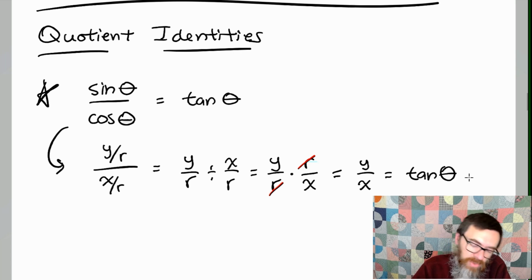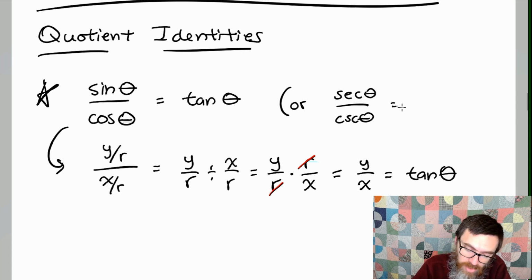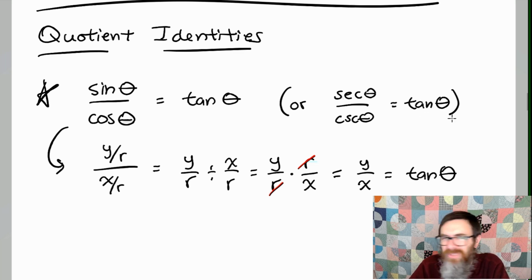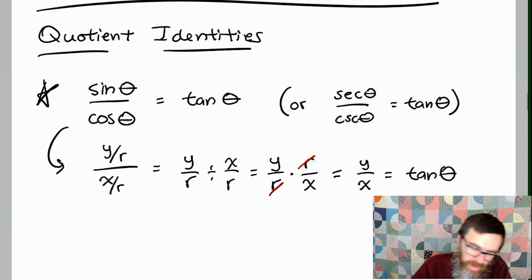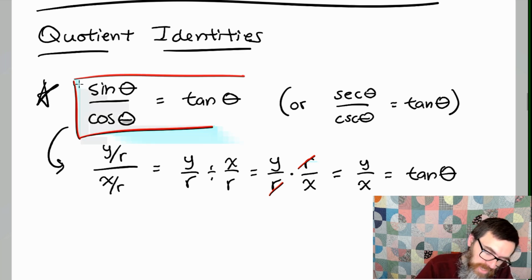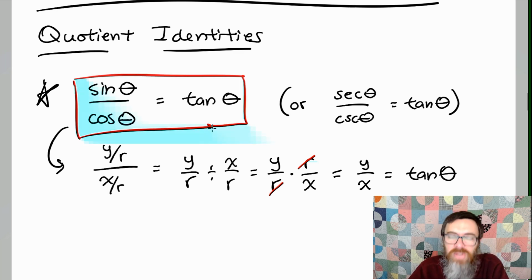Okay, so we can write it like this. You also could write this as secant over cosecant. That would also give you tangent. That's a little less common to see, but this one for sure, we see him a lot. Sine over cosine is tangent.